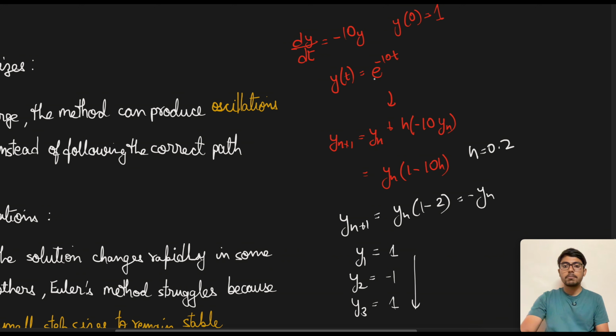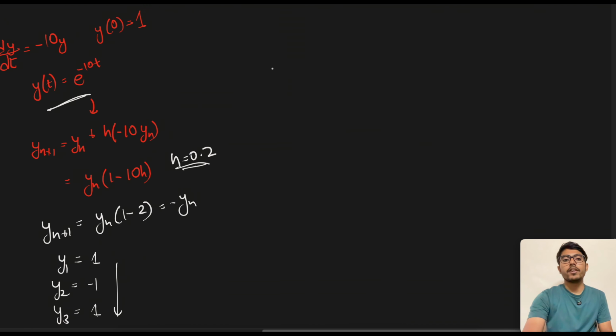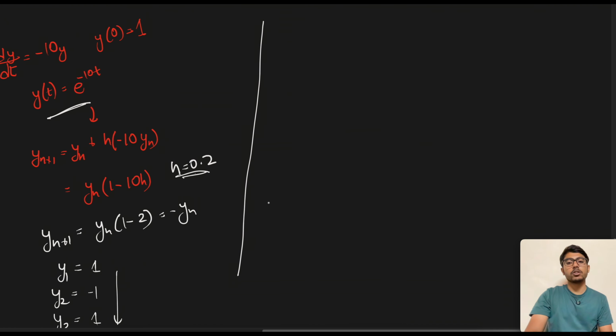We are not estimating this properly. That is where the error with oscillations due to a large step size is occurring, resulting in an oscillatory behavior.